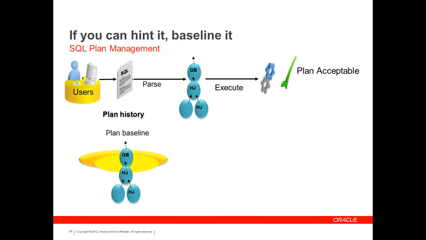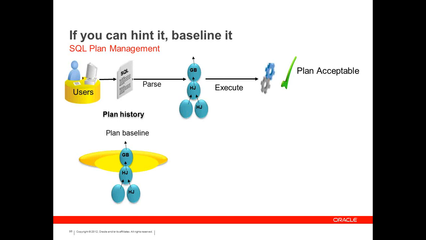First, let me explain SQL plan management. Basically, an application submits a query to the database. The query gets parsed and generates a plan. If you're using SQL plan management, before that plan is used, the database will look in the plan history and see if there's a query plan for that query.